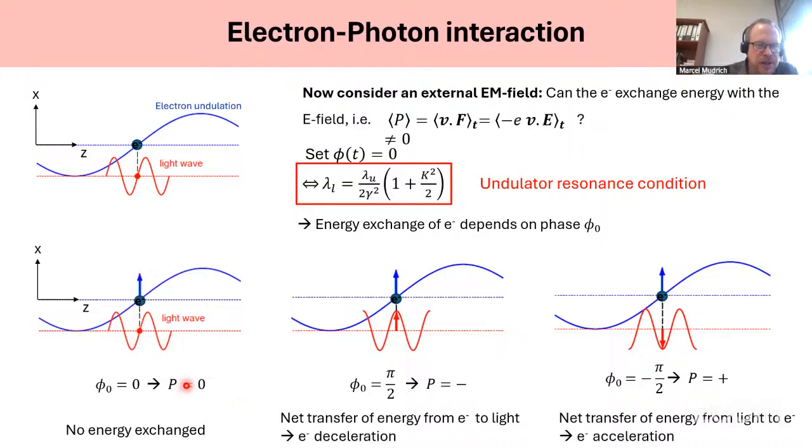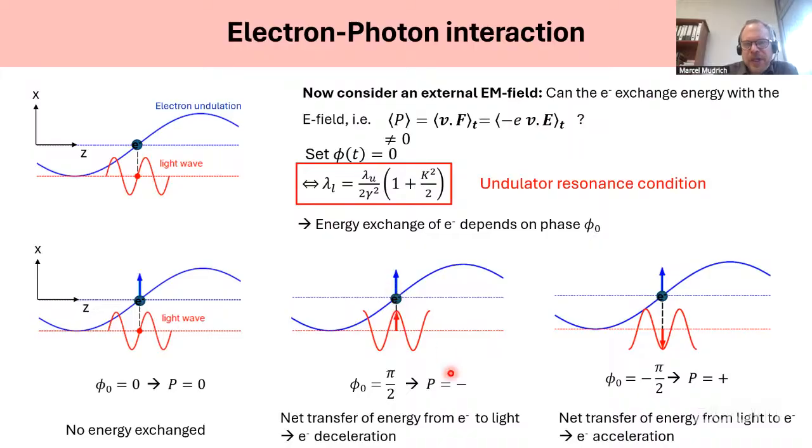So no interaction, no power absorbed or emitted. But if the phase is pi over 2, then the electric field of the external wave points in the same direction as the velocity of the electrons.